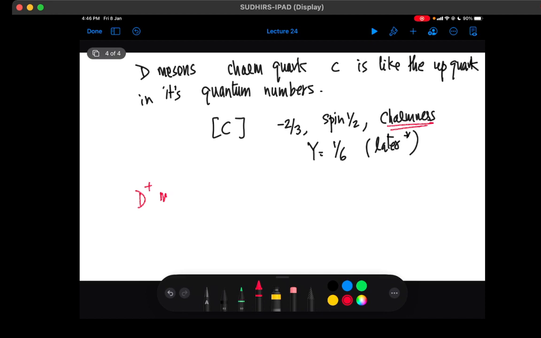Then there could be a D0 meson, which would be C U bar. The mass of the C is much heavier than the mass of, for example, the up and down quarks.